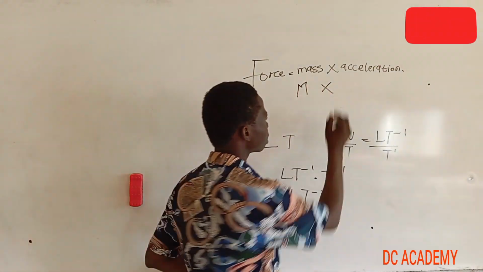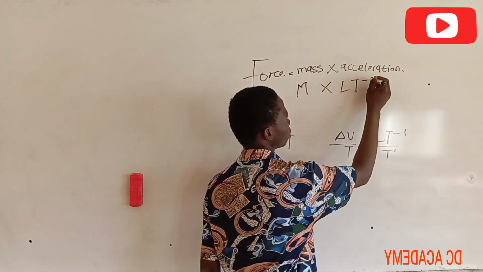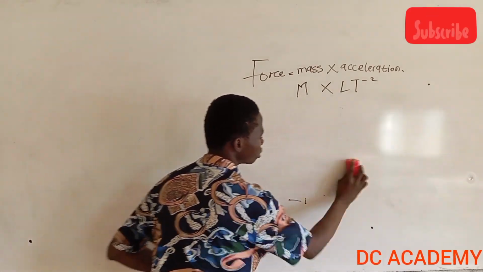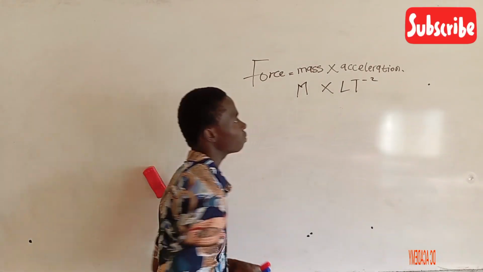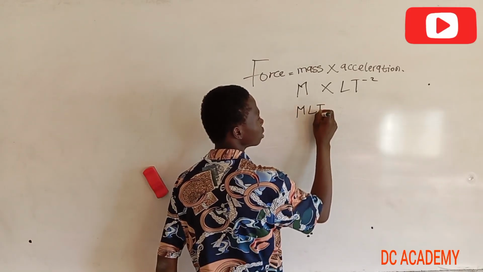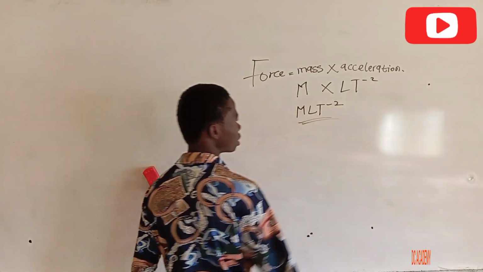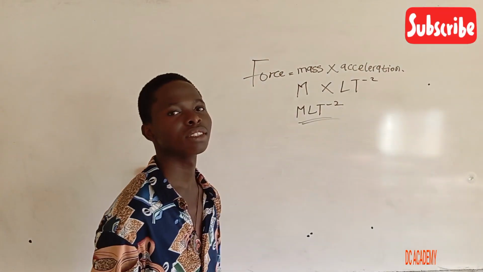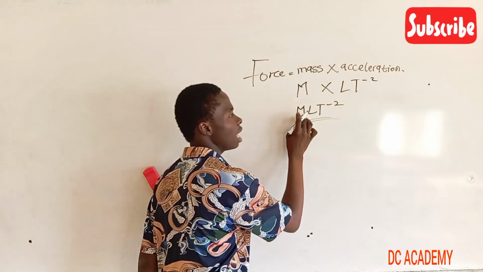Then, put this in: M times LT minus 2. So we have gotten force. Now, how can you get the units for this? M is mass.